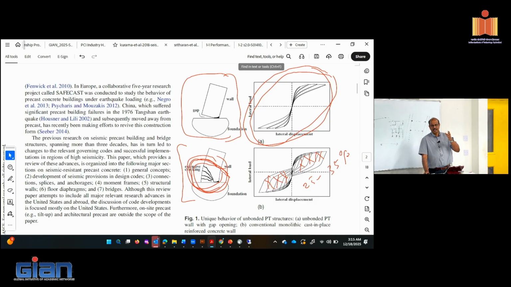So the disadvantage is that you will have less energy dissipation. The huge advantage is that as you load into the inelastic region and come back, it goes through closer to the zero displacement point. This implies that by the time the earthquake is over, your building is going to be back to its original position. Whereas in the cast-in-place, that was not the case.